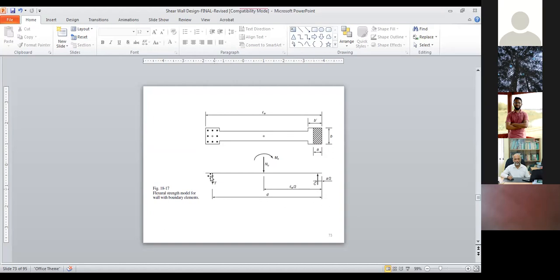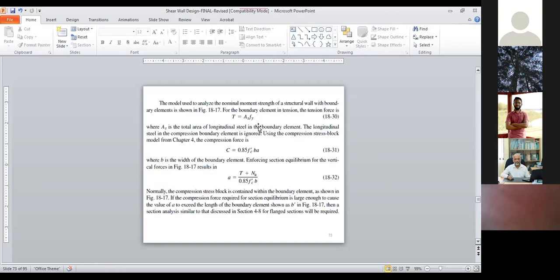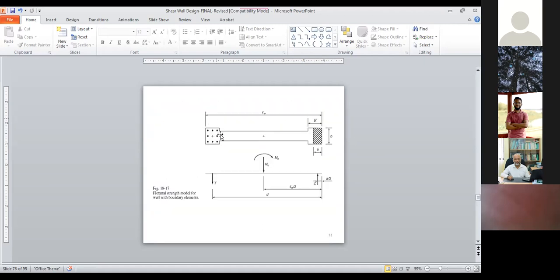And this is the distance for T, the distance from the neutral center line of the wall to lw/2. Of course, you can easily get T equal to As times fy, because you know how much steel you have.